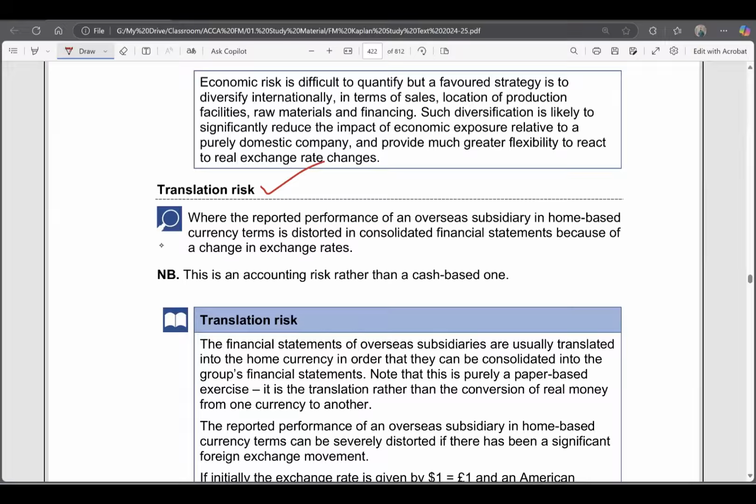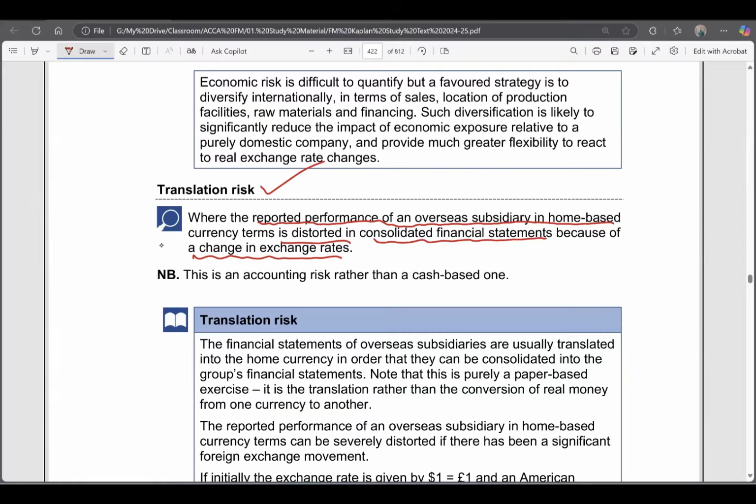So translation risk is where the reported performance of the overseas subsidiary in home-based currency term is distorted in consolidated financial statement because of the change in exchange rates. Understand the difference between the transaction risk and translation risk.